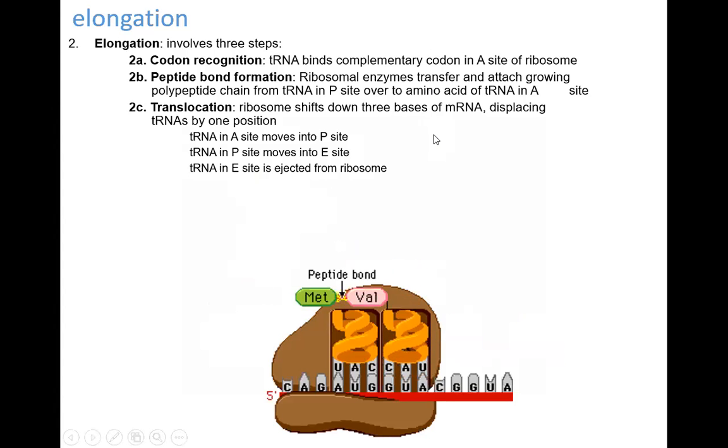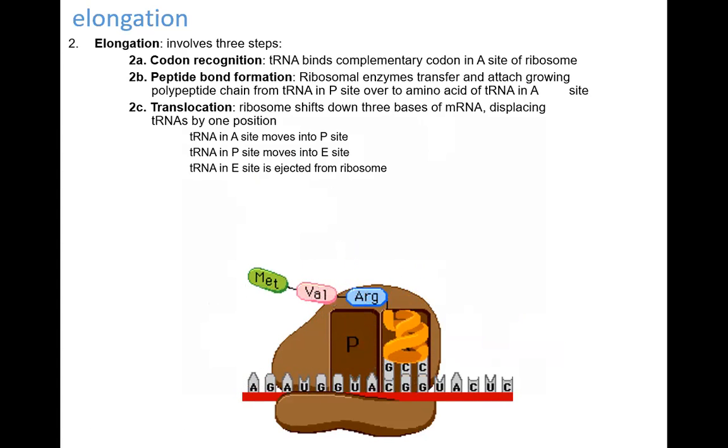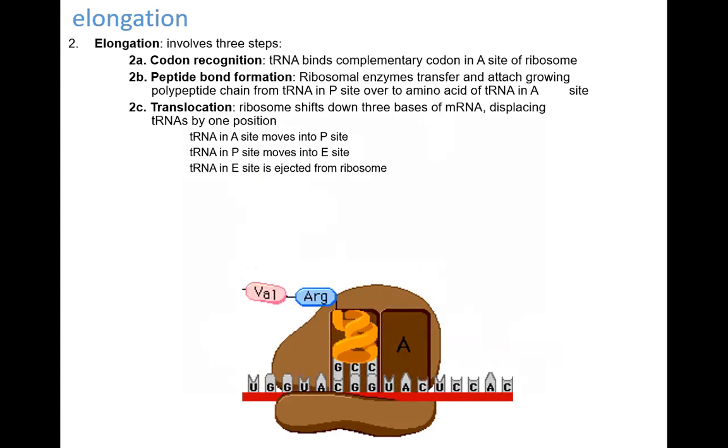Okay. Elongation. We will continue to build our chain. Every time we bring a transfer RNA in containing an amino acid, the anticodon of the transfer RNA will land on the complementary codon. The amino acids will bind together.